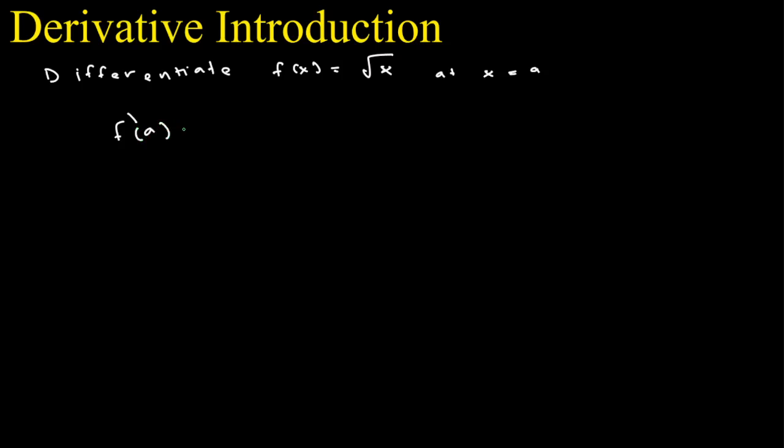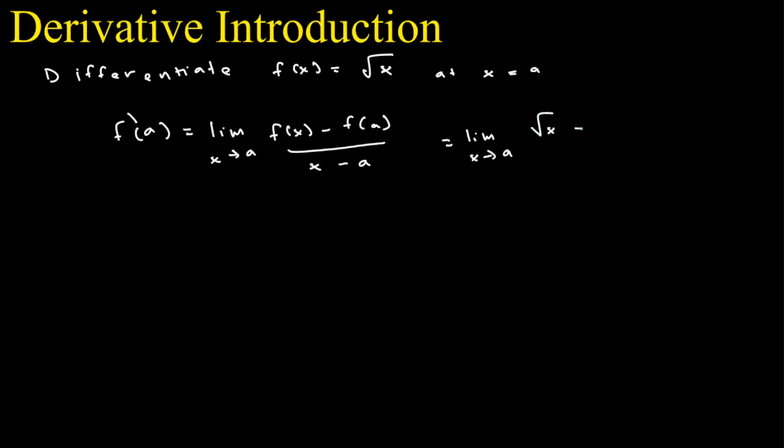We know f prime of a is equal to the limit as x tends to a of f of x minus f of a divided by x minus a. That's equal to the limit as x tends to a of square root of x minus square root of a over x minus a.